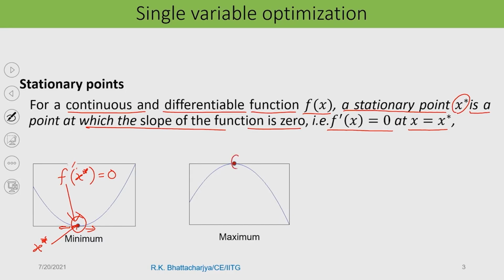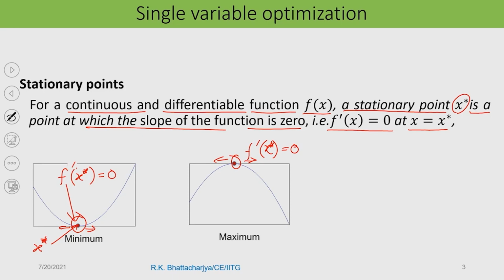Now, let us consider this particular function. Here we have a stationary point. Why is it a stationary point? Because the first derivative at this particular point is also 0, but this is a maximum point. Why maximum? Because if you go slightly right hand side or left hand side, in this case the function value will decrease.